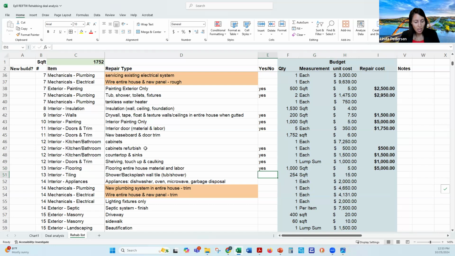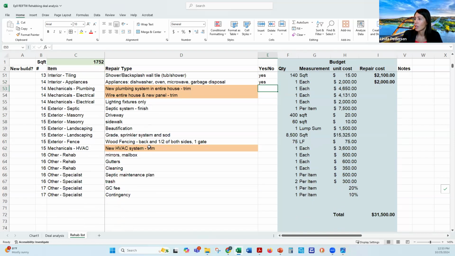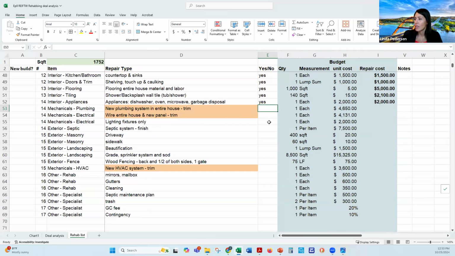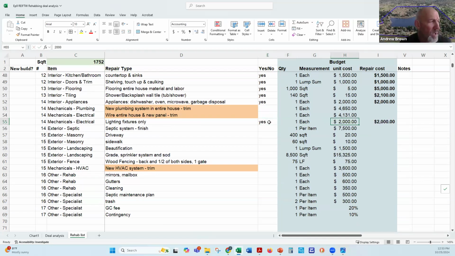So backsplash, yes. And then appliances, yes, but there was no fridge, right? So that's why the price stayed down. I think you did a couple of light fixtures. By the way, I pulled up the MLS.